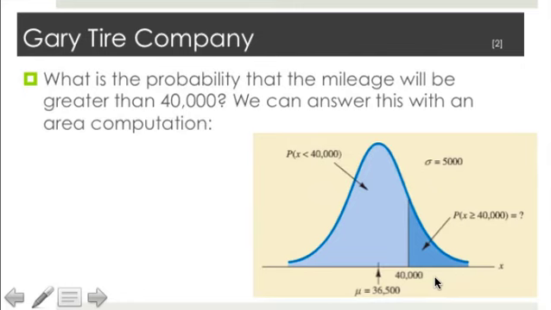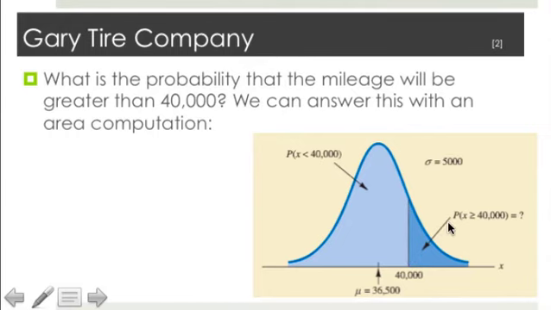Let's take a look at what this means in terms of a picture. We're asking the question, what's the probability that the mileage will be greater than 40,000? So if we look at the picture here, this is the curve that describes this random variable. Our mean miles until failure is right here at 36,500, and then this is the mark that we're interested in, 40,000 miles. What we want to know is, what is the probability that a tire will be in this region here?